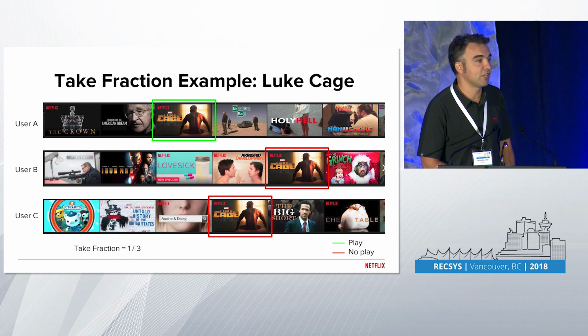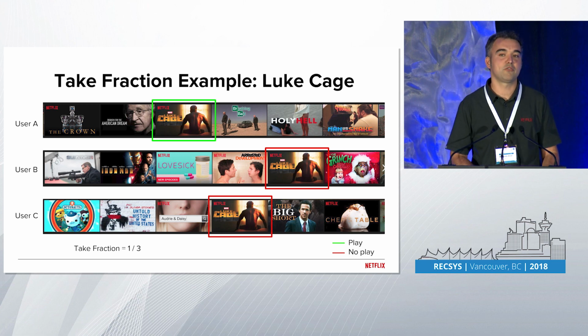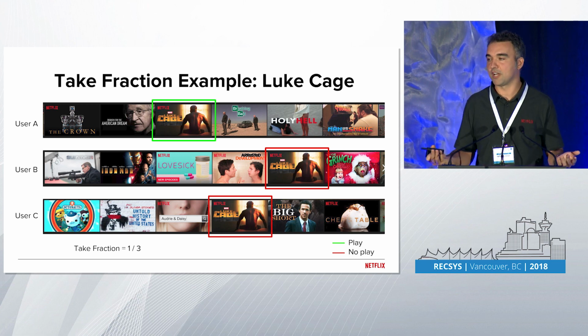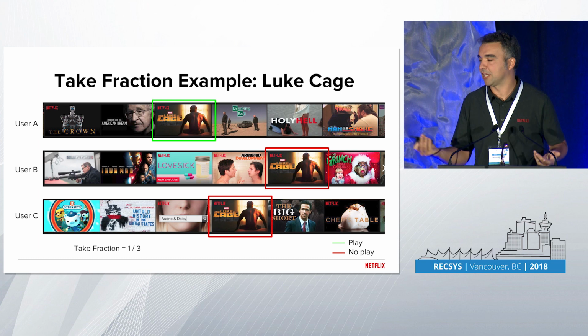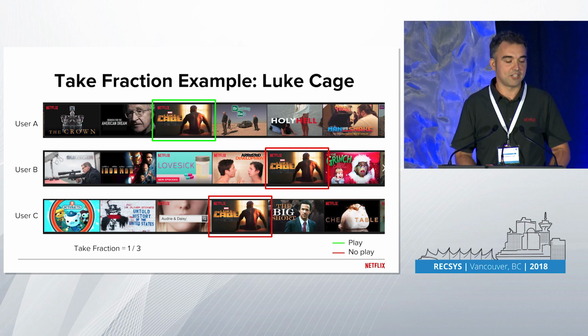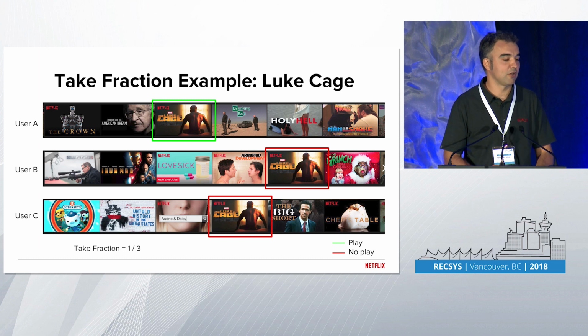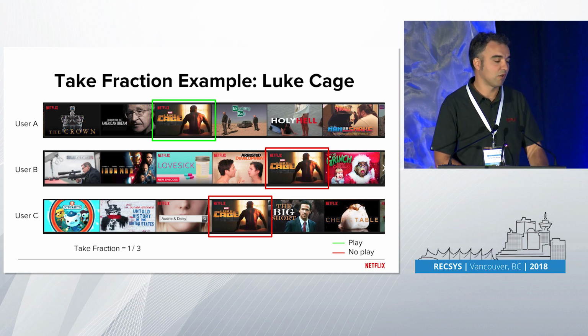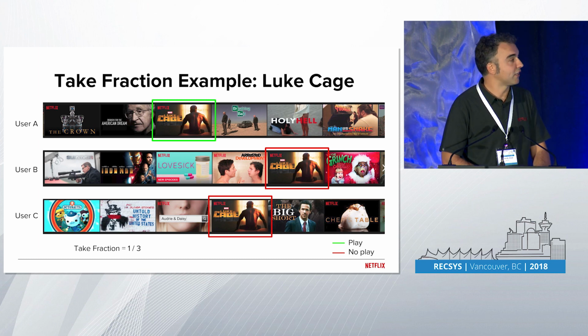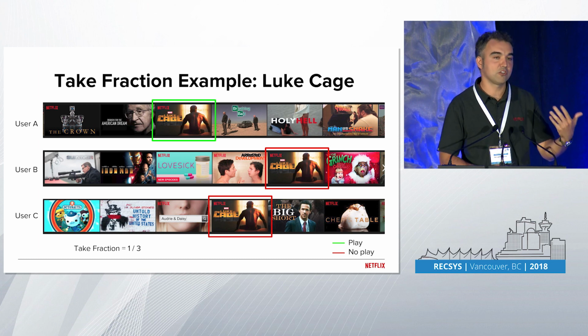But of course, what you really need is some sort of metric that tells you if you are making any progress. If you add a feature or you put in a new model, are you going in the right direction? Again, lots of different options. One that works pretty well we can call the take fraction. You consider each image.